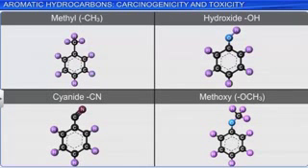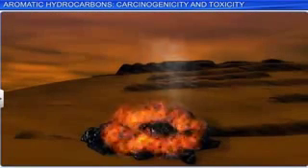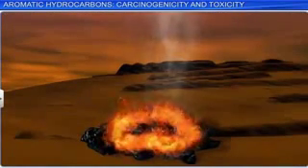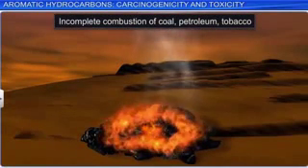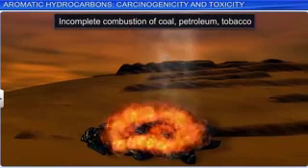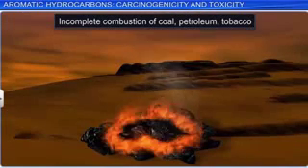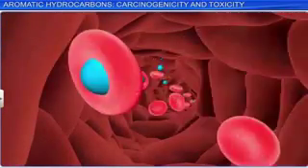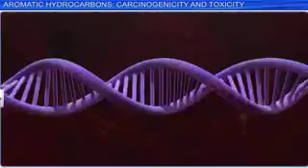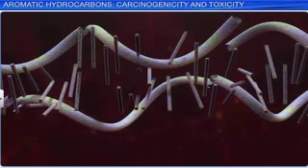These polynuclear aromatic hydrocarbons enter the environment due to the incomplete combustion of coal, petroleum, tobacco, etc. On entering the human body, these compounds undergo various biochemical reactions and damage DNA. This causes a sudden change in the DNA structure, leading to cancer.